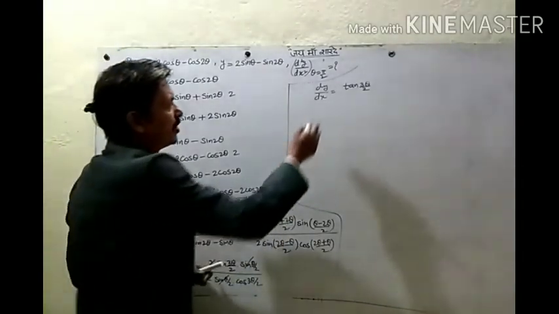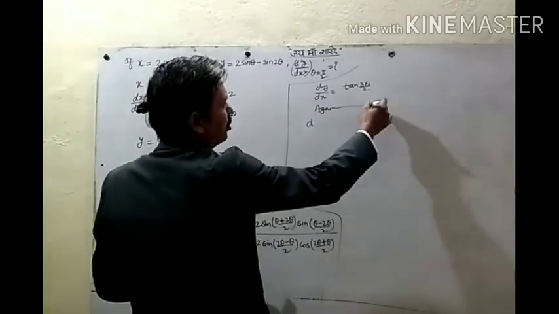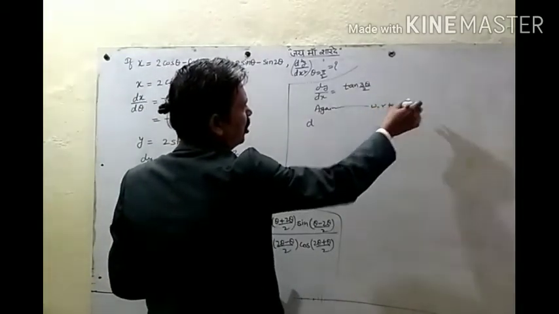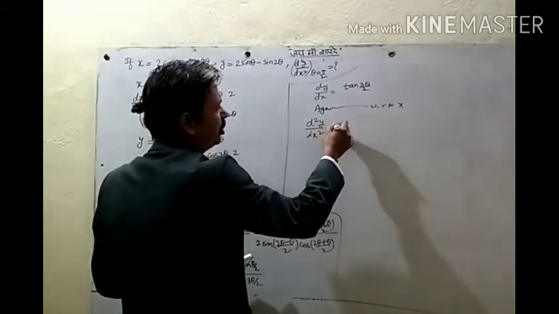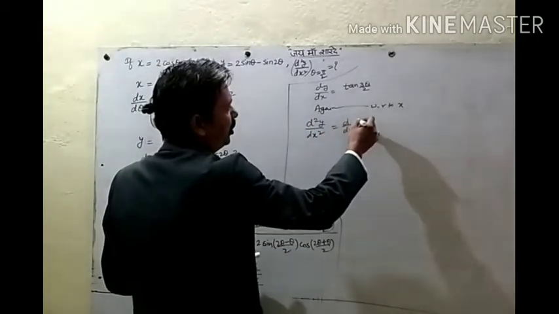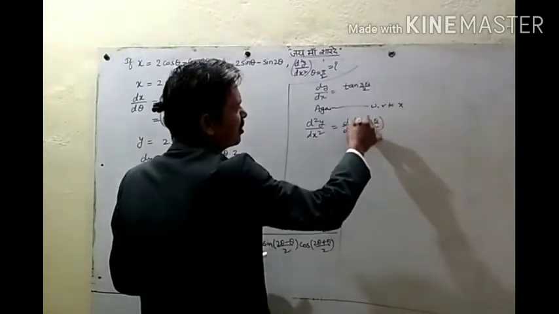Now again differentiating with respect to x only, we get d2y by dx square, and here the derivative of tan 3 theta by 2 with respect to x.